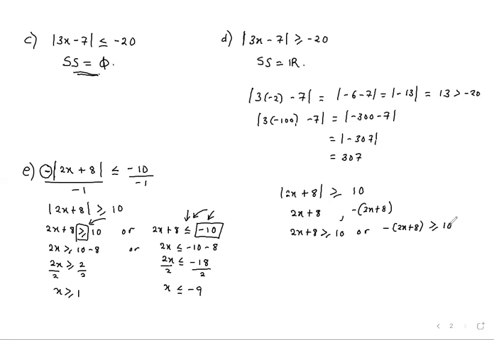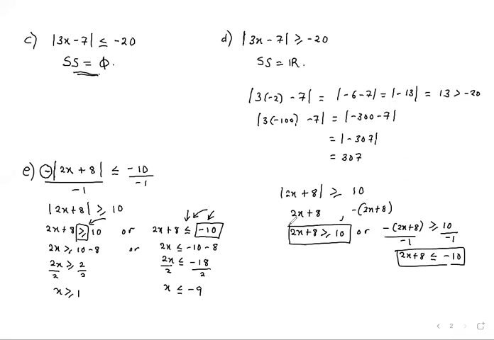But for the negative one, you divide by the negative, so it becomes 2x plus 8 less or equal to negative 10. So we have this equation to solve and also this equation to solve, meaning we have two of them at each point because of the modulus, which is defined in two ways.